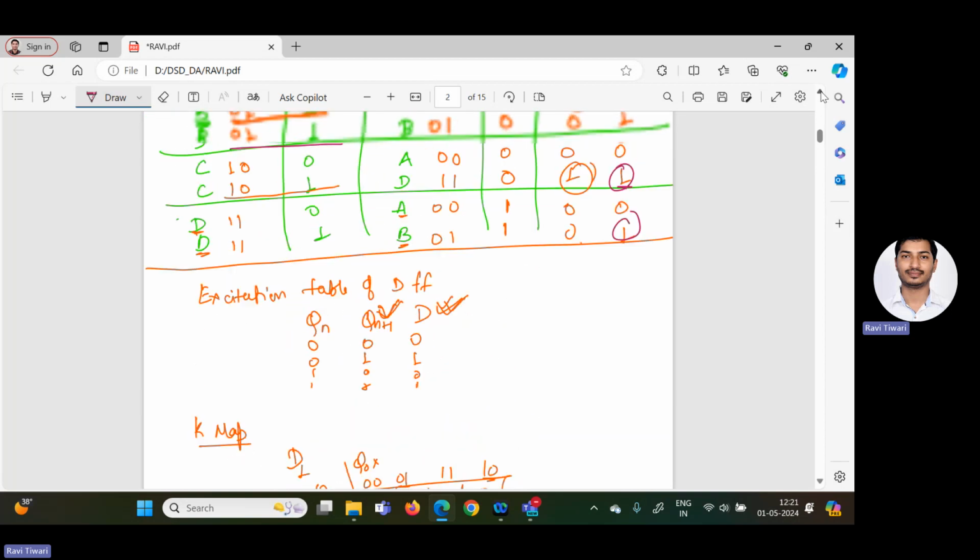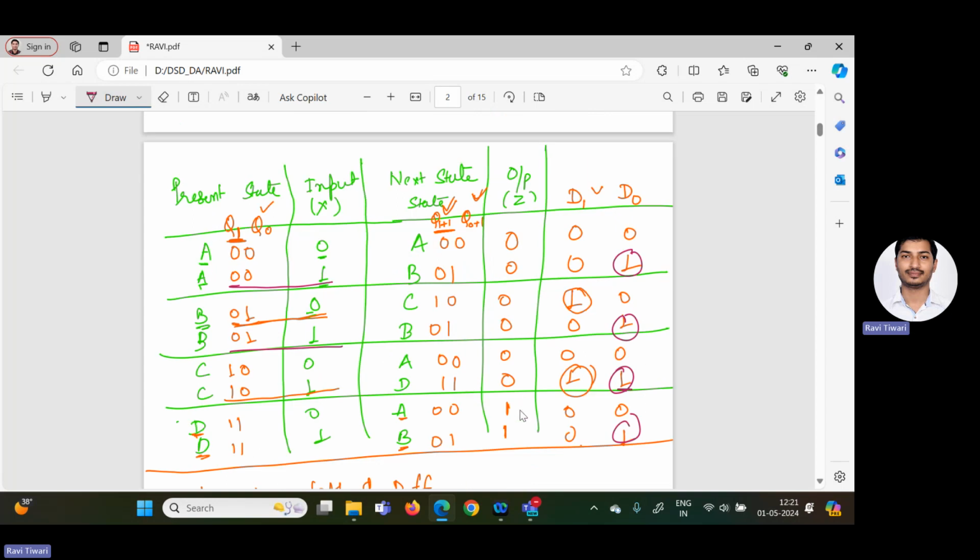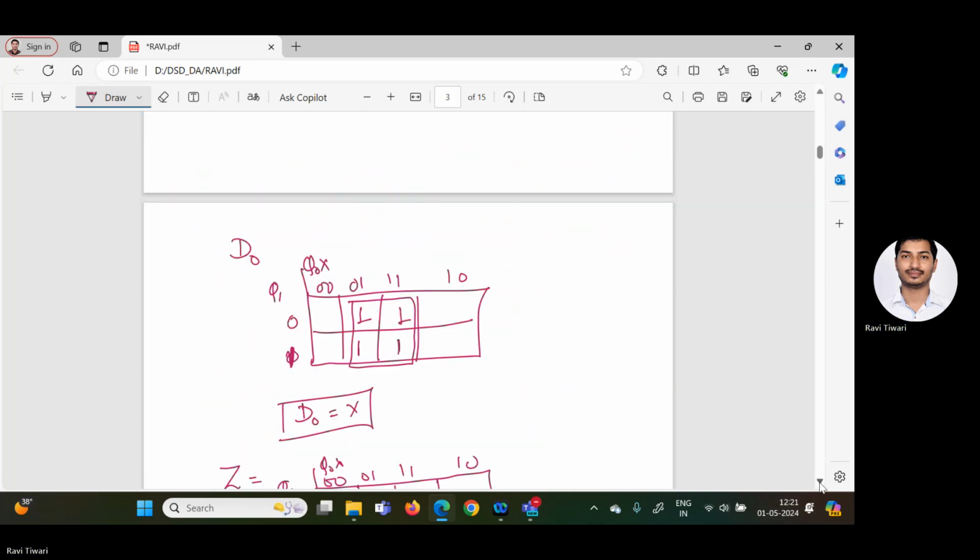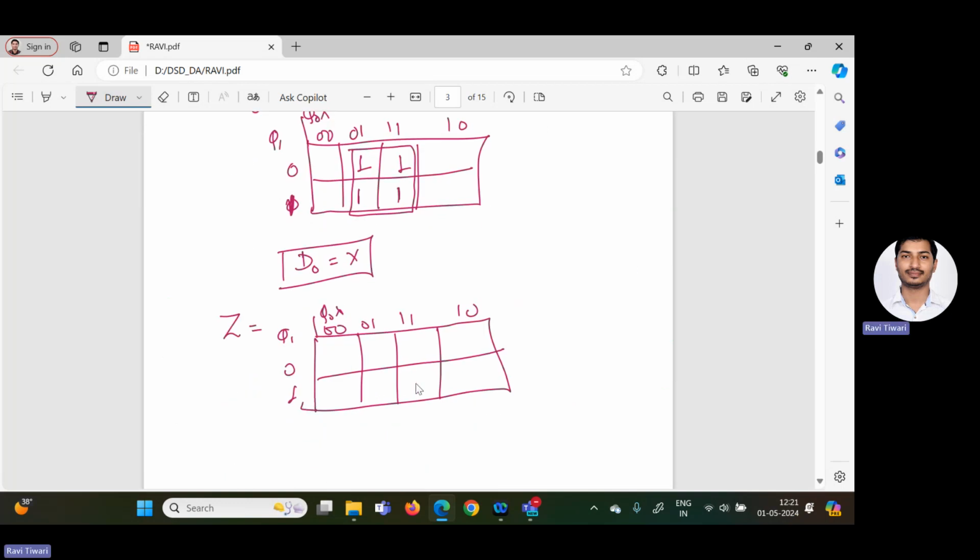Here you see in the excitation table, Z is 1 twice, once for 1 1 0, another one is 1 1 1. Now make a pair here and we can write down the expression as Q1 and this is Q naught. This is the expression of Z.